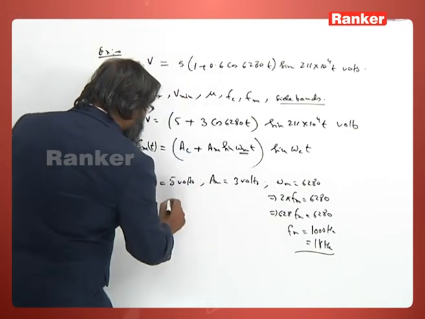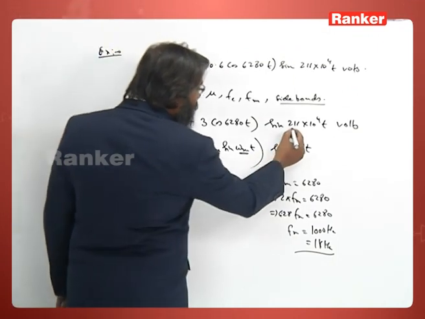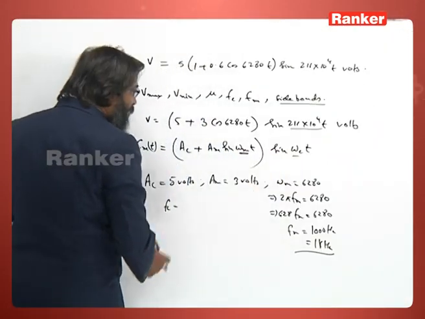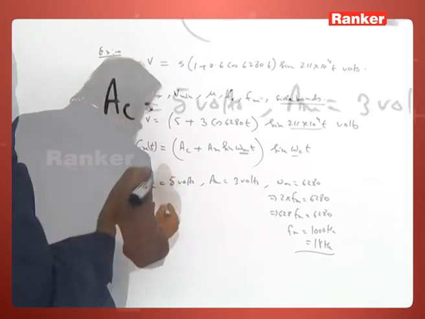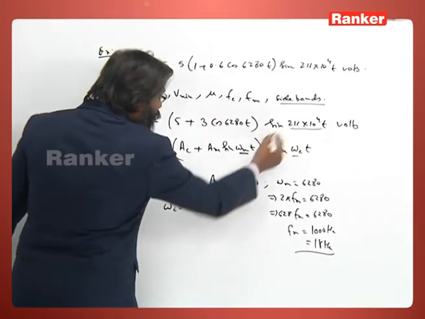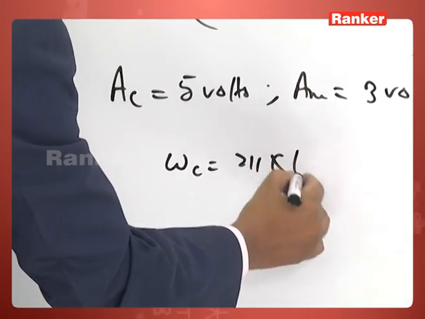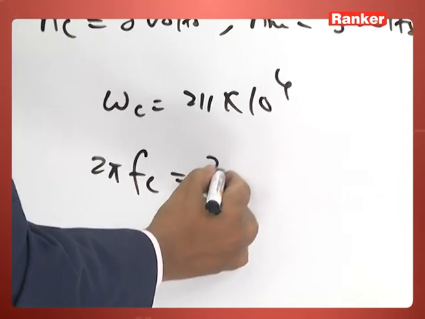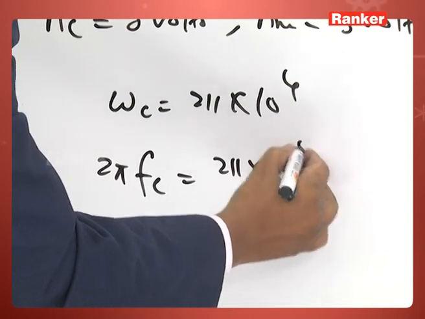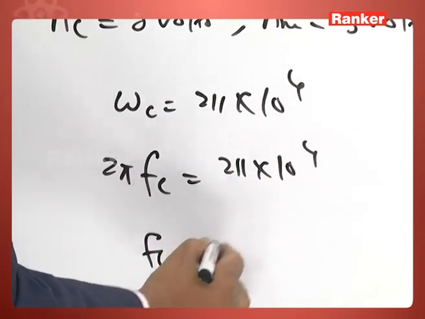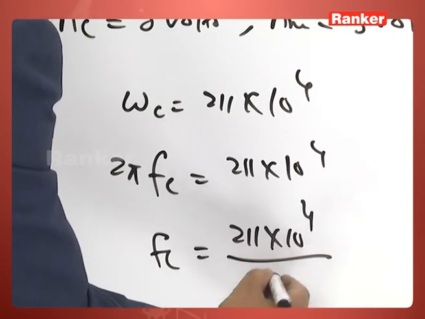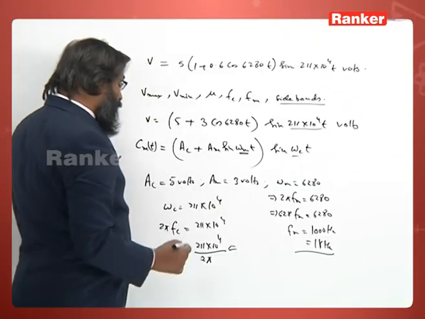Similarly, the frequency of the carrier wave can be calculated from this equation. We write omega c as 211 into 10 to the power 4, that is 2 pi times the carrier frequency. So Fc is equal to 211 into 10 to the power 4 divided by 2 pi.